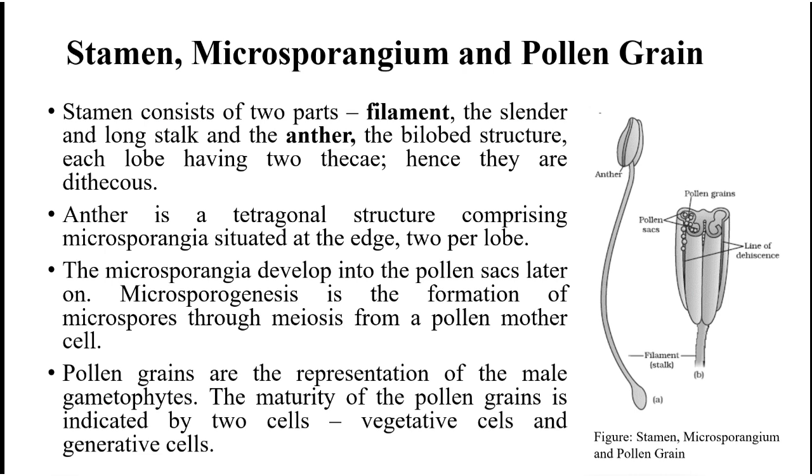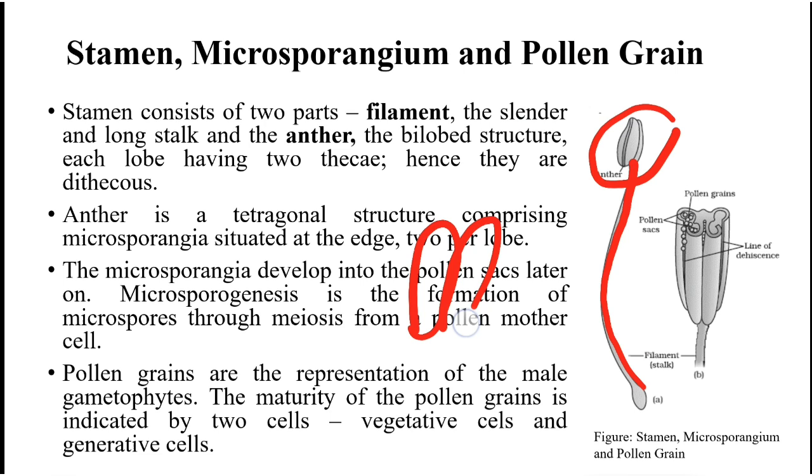So the stamen is the male reproductive part of the plant, and it consists of two parts: a long, slender filament, and the anther. This anther is bilobed, each lobe having two theca. Hence they are dithecous in nature.